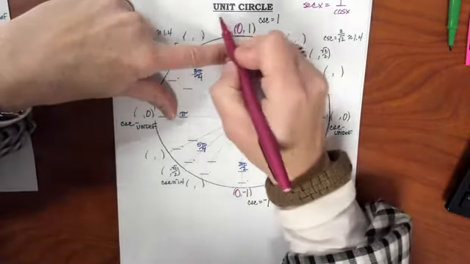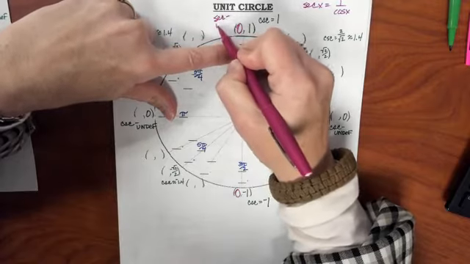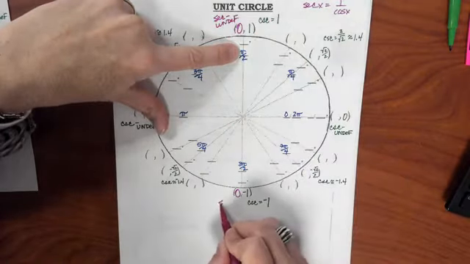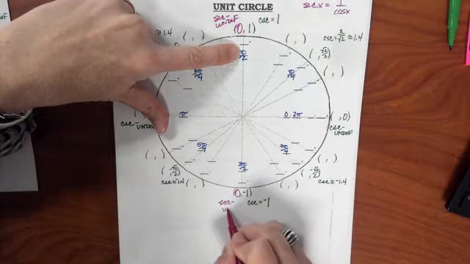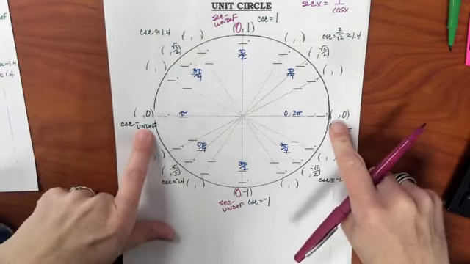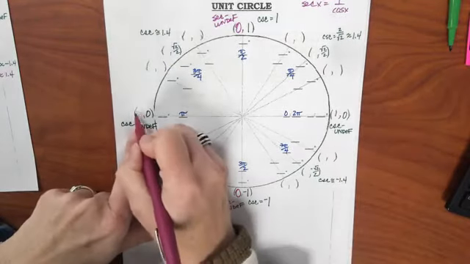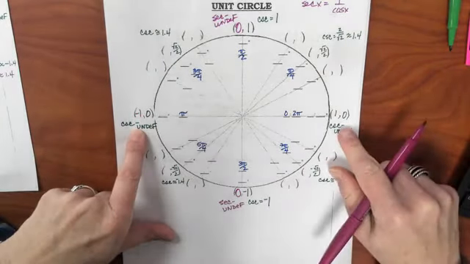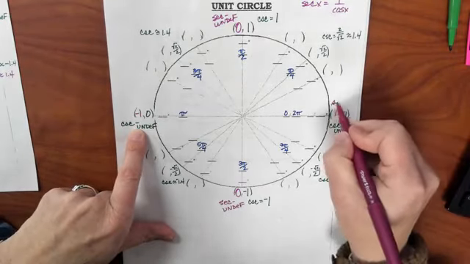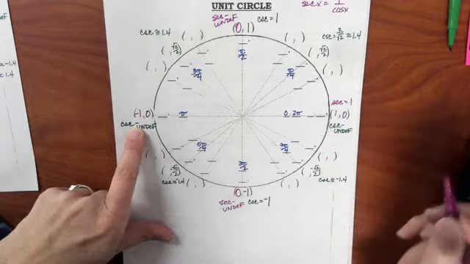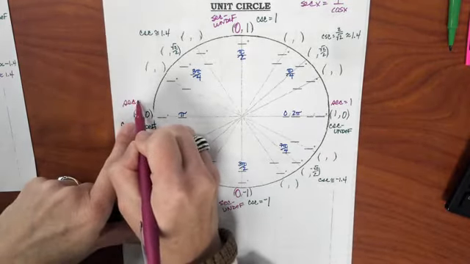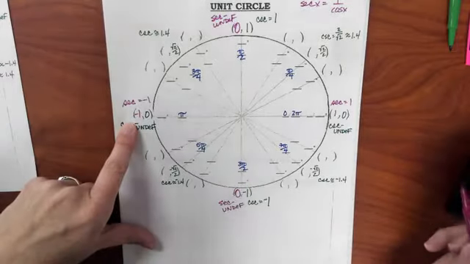So here, the secant is undefined. But at the pi values, you have 1 and negative 1. So the secant would be 1 over 1, which makes my secant value 1. And here it would be 1 over negative 1, so my secant is negative 1.